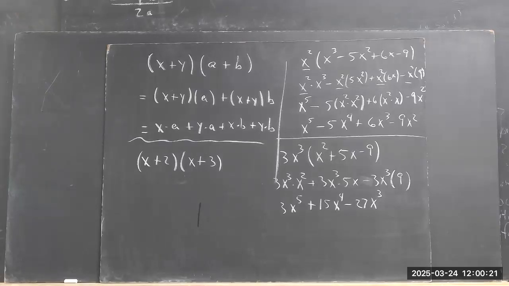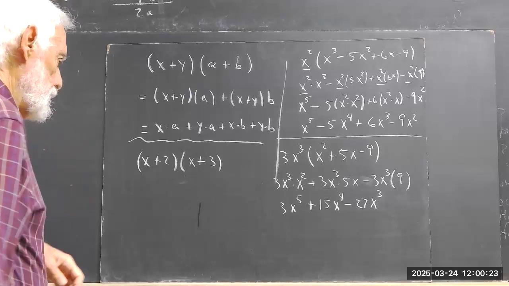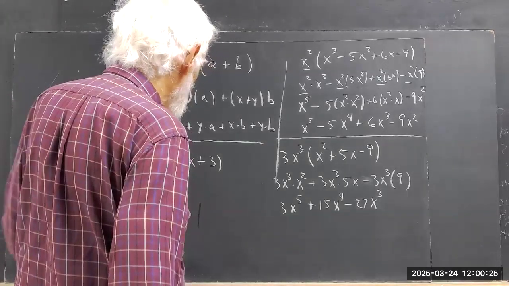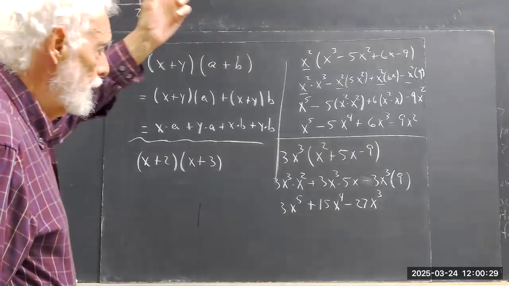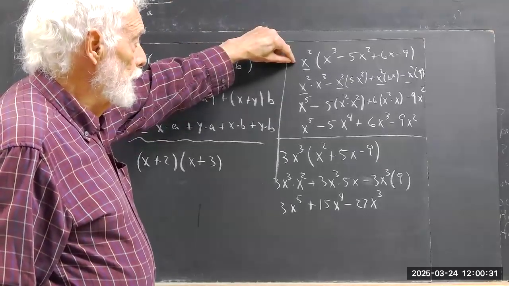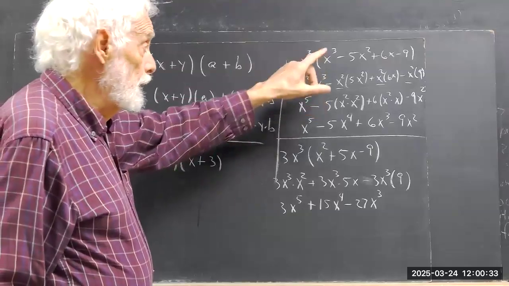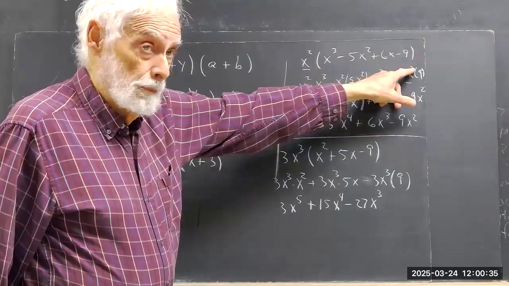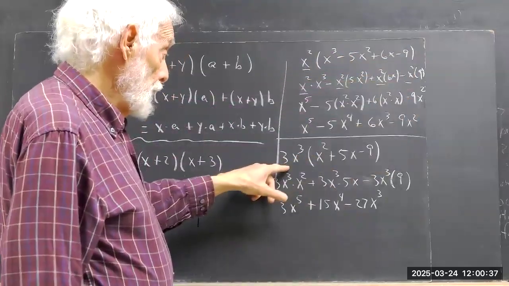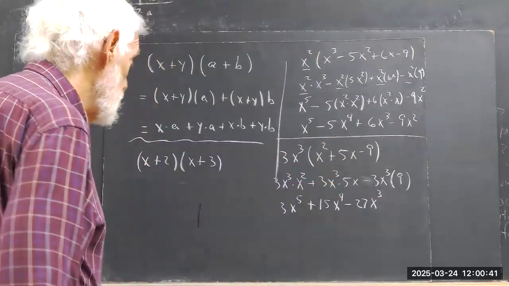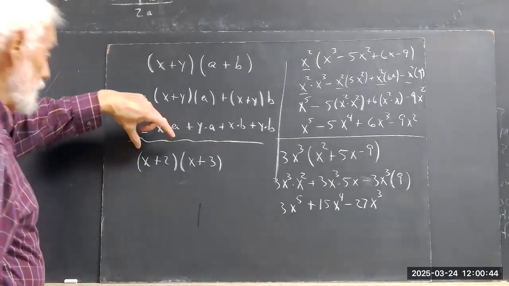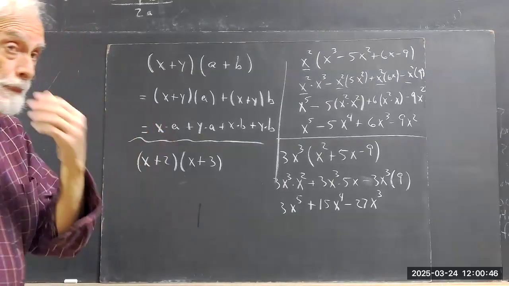Okay, so what we get here, and I do want people to follow all the steps. Okay, think, over here, whatever was out in front, multiplied every term. Whatever's out in front here, multiplies every term. So what's out in front? X plus 2 is out in front.